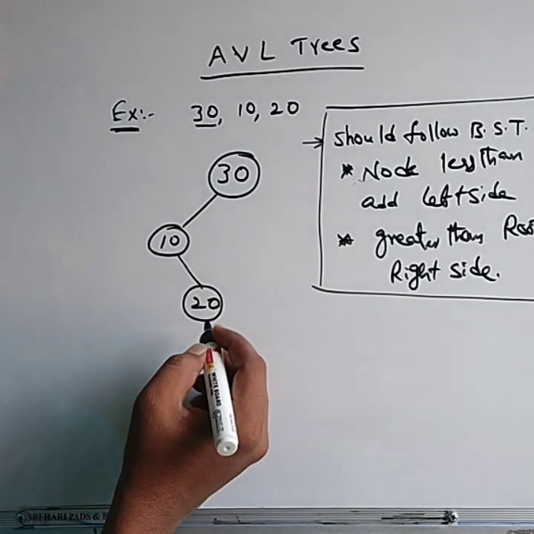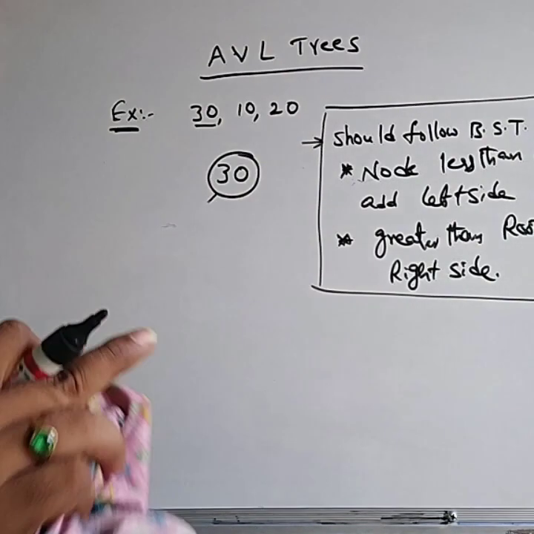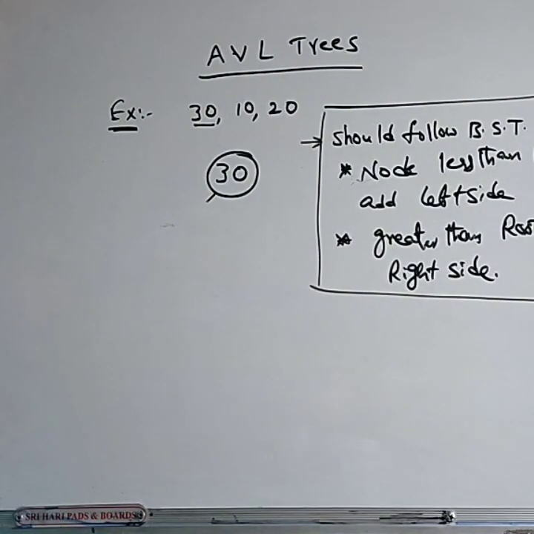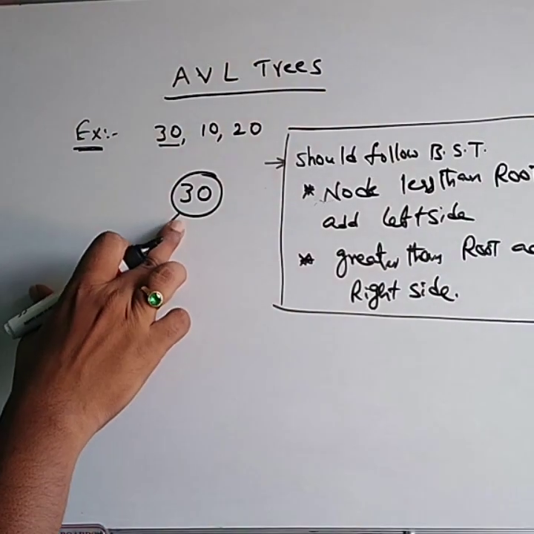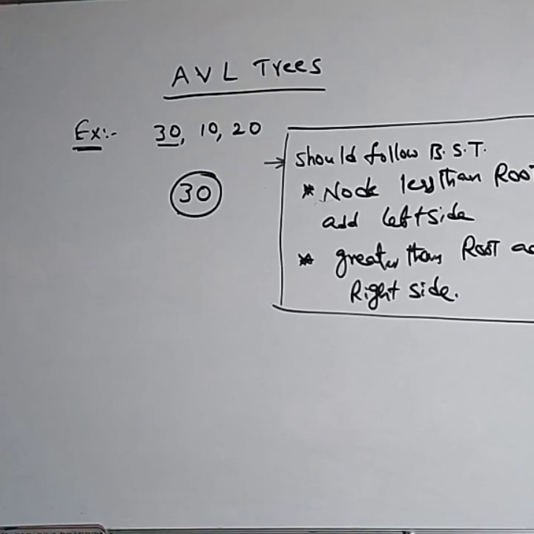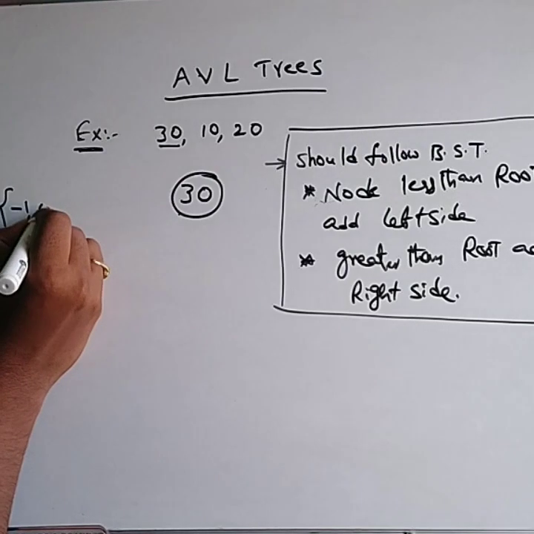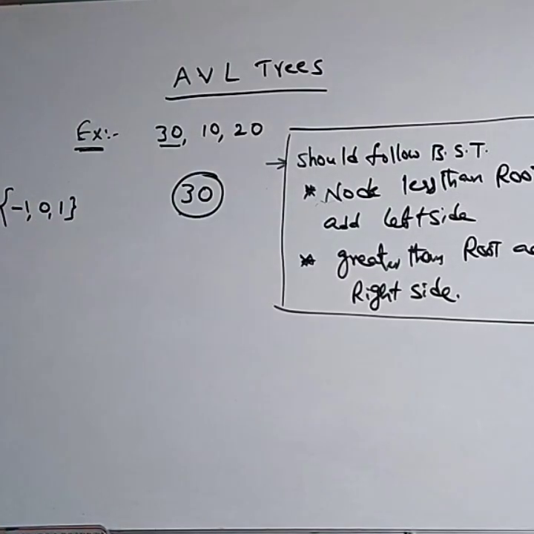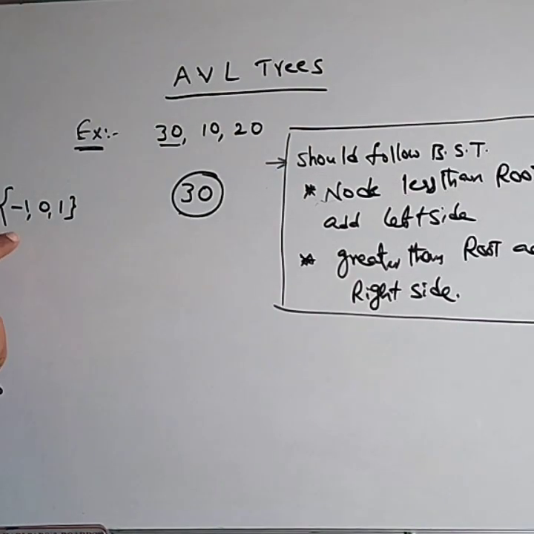For easy understanding, I go step by step. After inserting the node we find the factors. We know the balance factor of each node in an AVL tree is either -1, 0 or 1, then only it is an AVL tree.